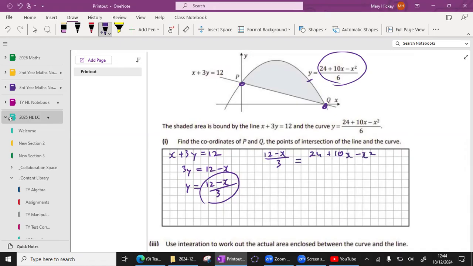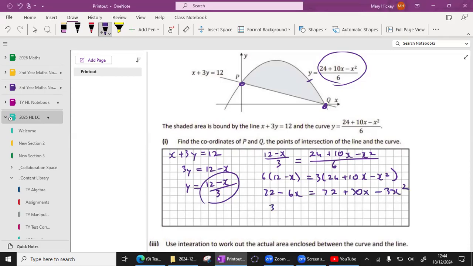So this is us just finding our point of intersection. So cross multiply then, so it's going to be 6 times this and 3 times this. Now, when I go to multiply that out, I get 72 minus 6x is equal to 72 plus 30x minus 3x squared.